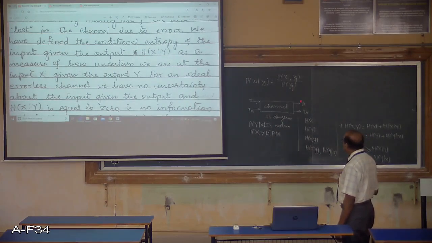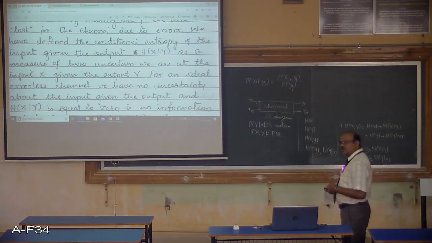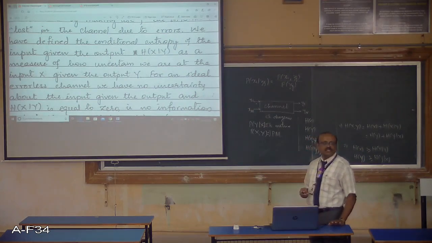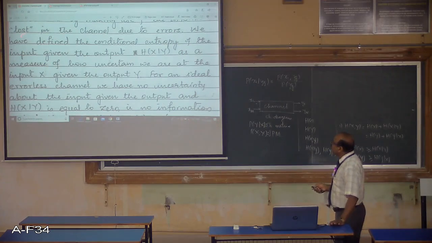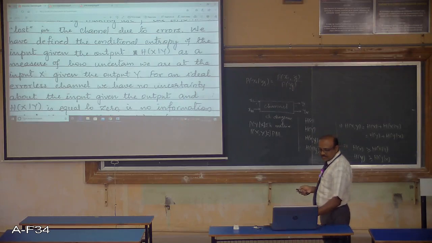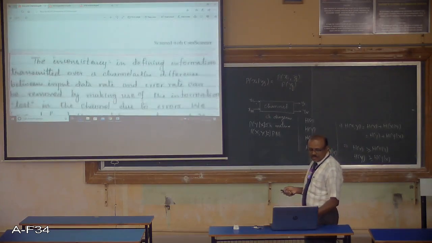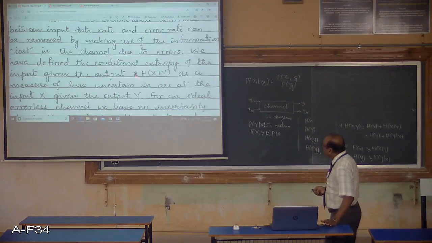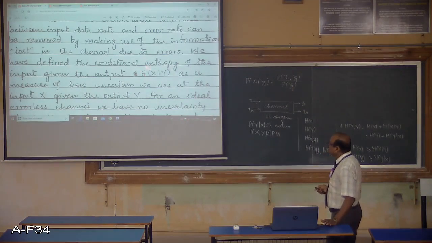So due to these errors, some information is lost in the channel. This information lost in the channel can be interpreted as H(X|Y).